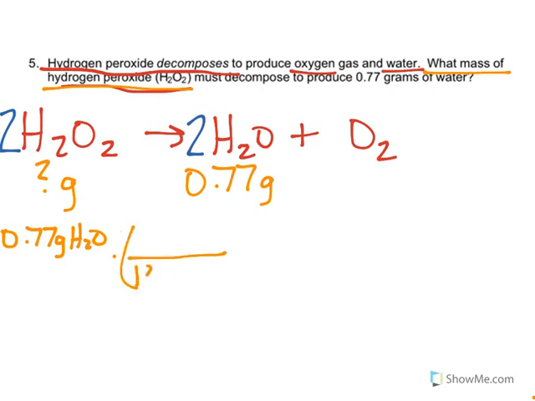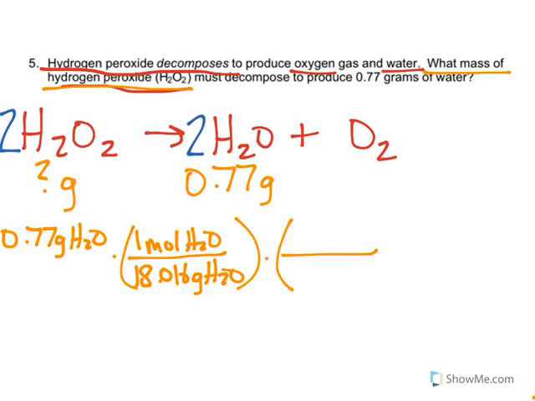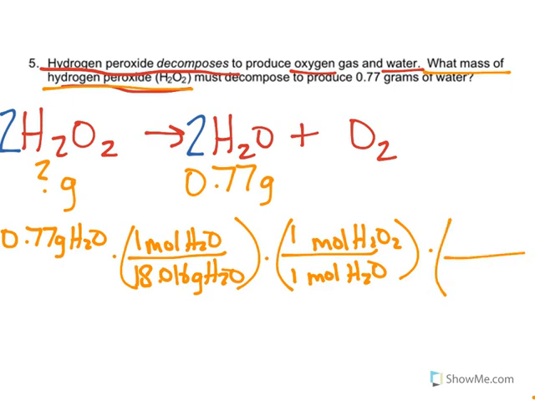Putting that molar mass of water down here, it's 18.016 grams of H2O is 1 mole of water. The mole ratio here, mole H2O on the bottom, mole H2O2 on top. And I see a 2 and a 2, so I can put 1 to 1 if I'd like, 1 to 1, multiplied by, I don't want mole H2O2.